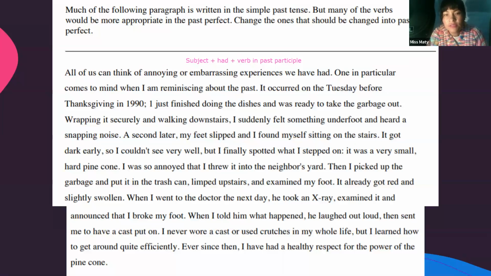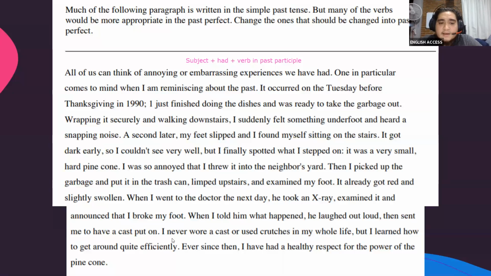Ever since then, I have had hearty respect for the power of the pine cone. Well, actually, the past perfect is in the sentence that you just said, I never wore a cast or used crutches in my whole life.